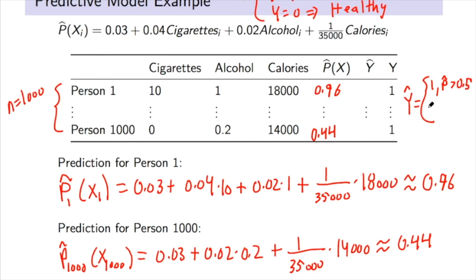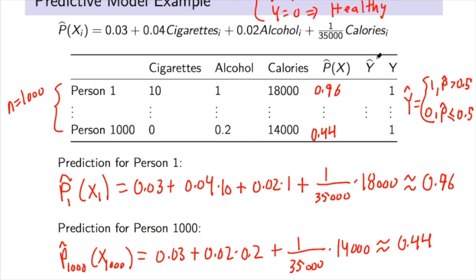And similarly, we're going to say that they are healthy, where y hat is 0, if p hat, the estimated probability that they're unhealthy, is less than or equal to 0.5. Okay, so that's how we're going to be making our prediction.